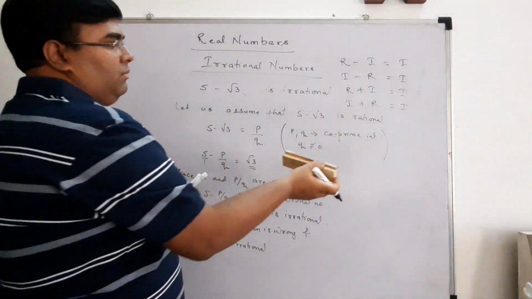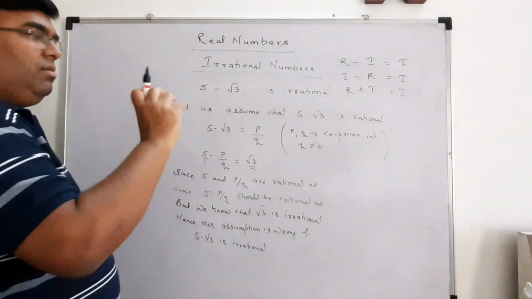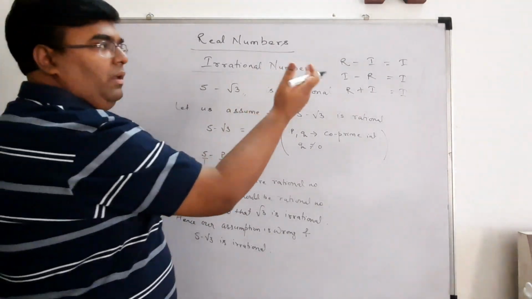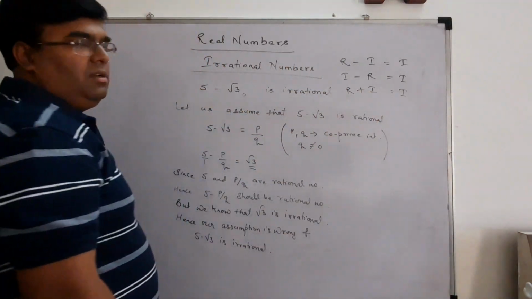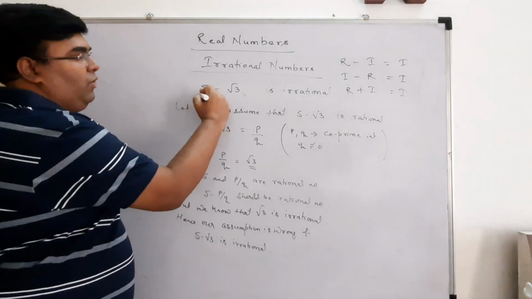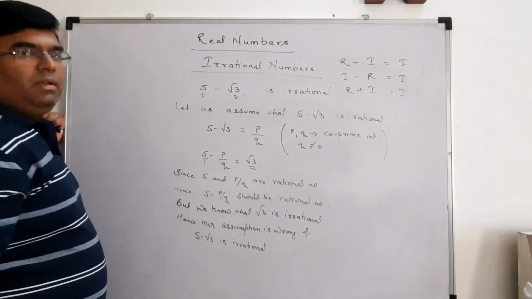These both are same. So rational minus irrational is irrational. Irrational minus rational is also irrational. Irrational plus rational is also irrational. Correct? Here we have one rational, one irrational. Subtraction of 2 is irrational.